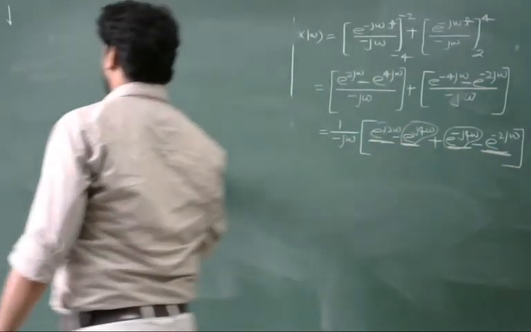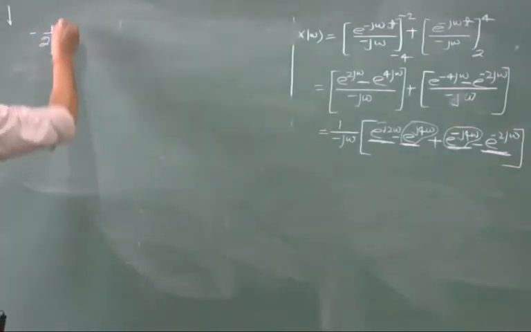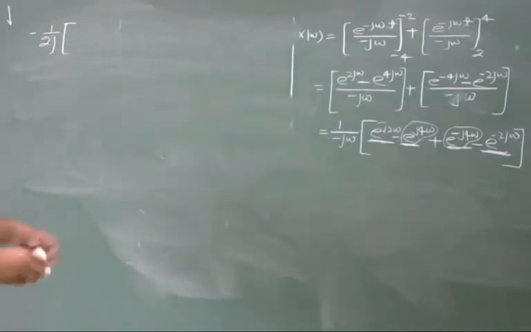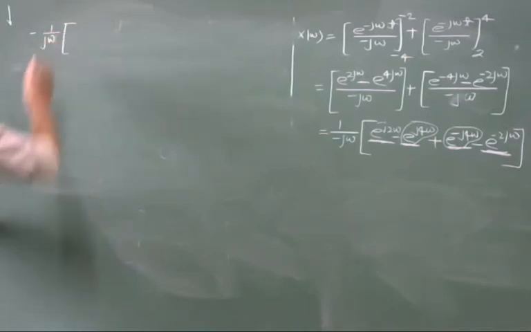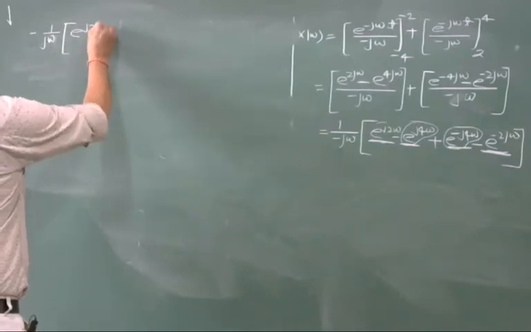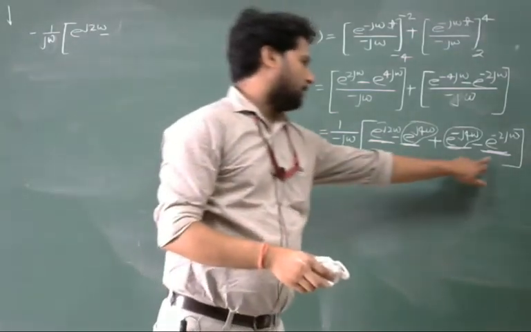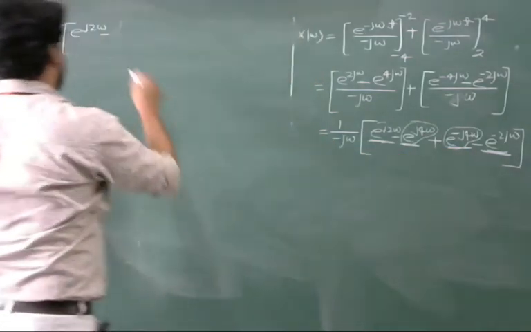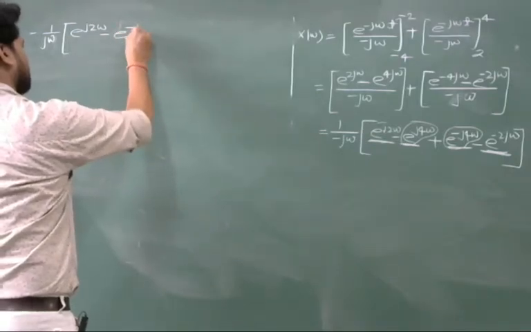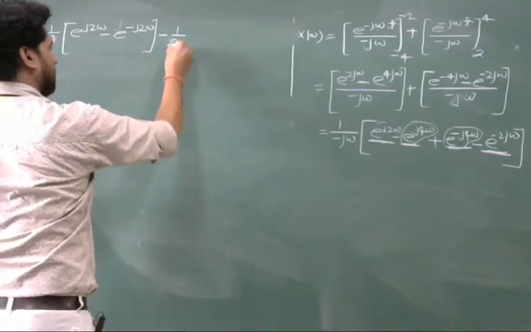So this can be written as minus 1 upon j omega, and e power j2 omega minus e power minus j2 omega, divided by 2j, minus 1 upon 2j.